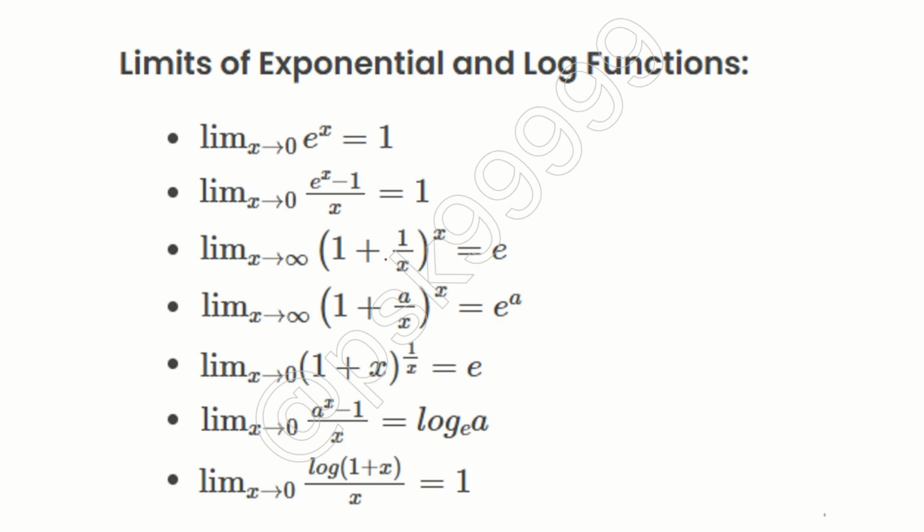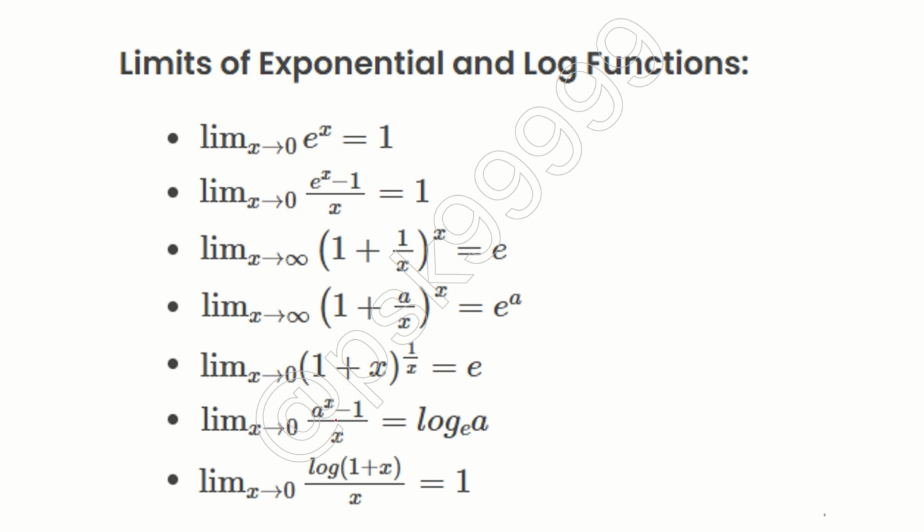Limit x tends to infinity, 1 plus 1 by x whole power x is e. Then limit x tends to 0, 1 plus x whole to the power of 1 by x is e. These two are the same, right? Here x tends to infinity, so 1 by x obviously tends to 0, which is the same.